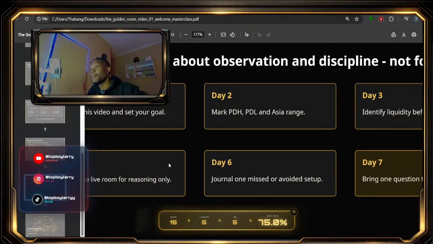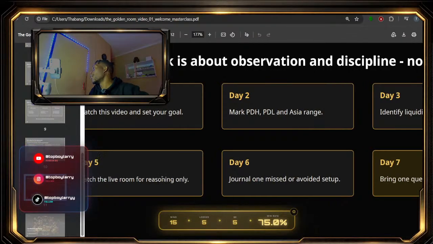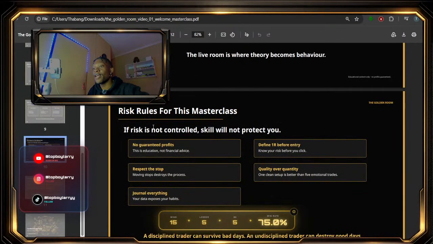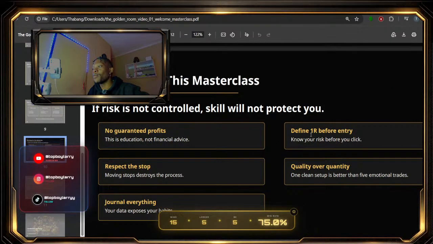Journals, where we explain how you journal your market and every single thing. Risk rules: no guaranteed profits, but we define quality over quantity, respect the stops, journal every single thing.